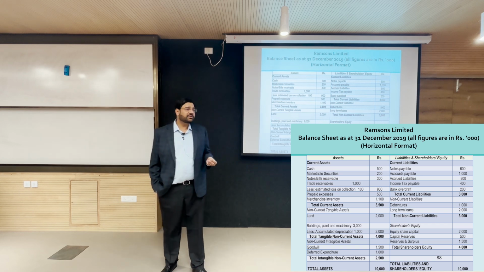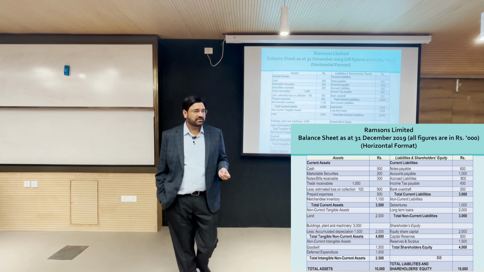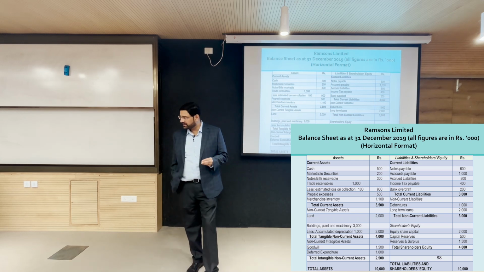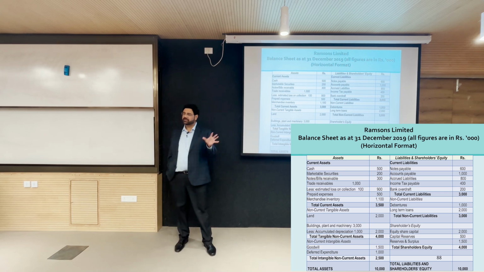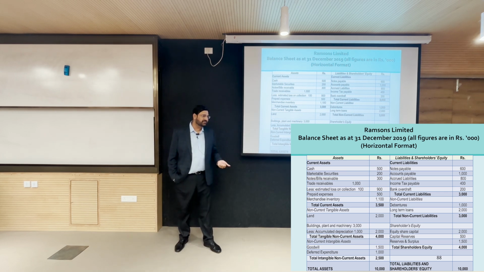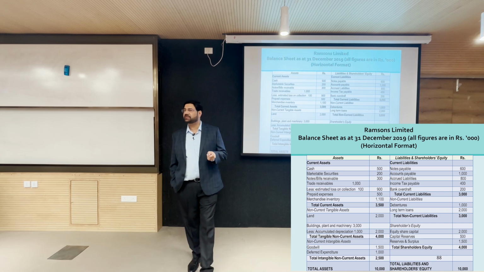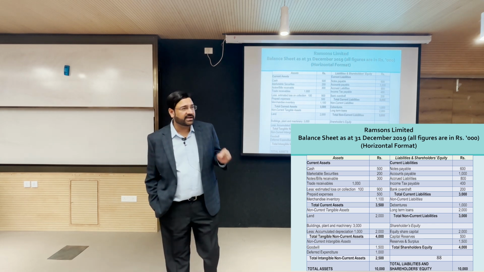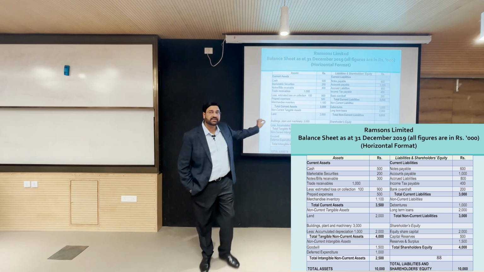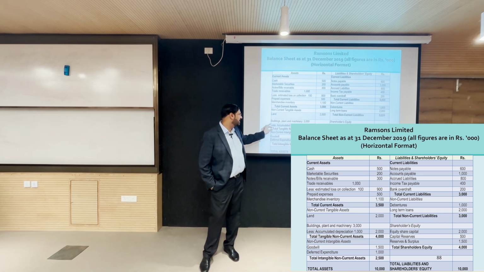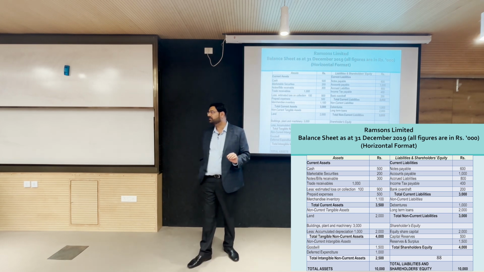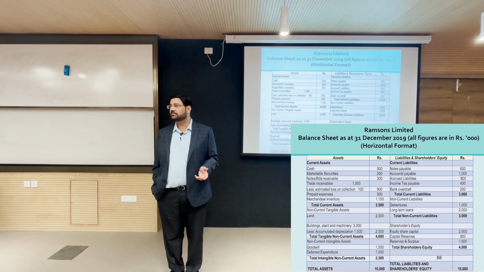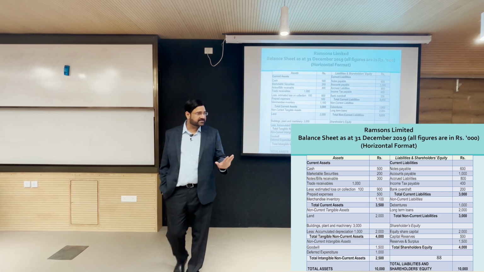If you remember, we gave the example of a car that we bought. The car has a useful life of 10 years, value of the car is 10 lakhs, and we gave multiple examples, but the simplest example was this, that every year we will depreciate 1 lakh. If this is your balance sheet, at the beginning of the year you have just bought a car, what is the value of the car appearing in the books? 10 lakhs.